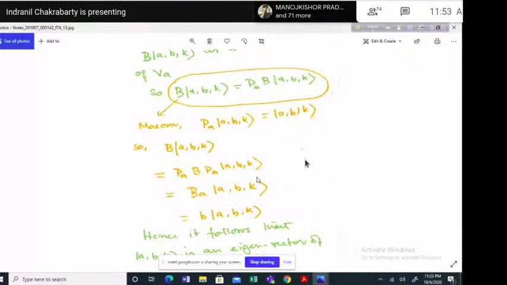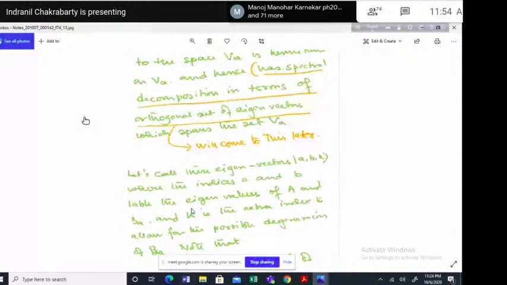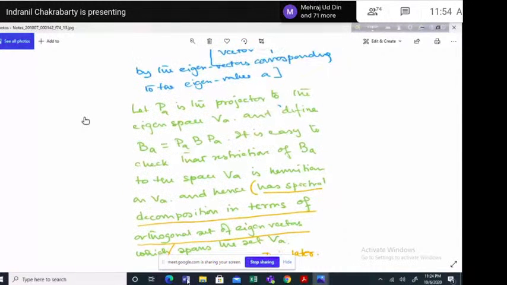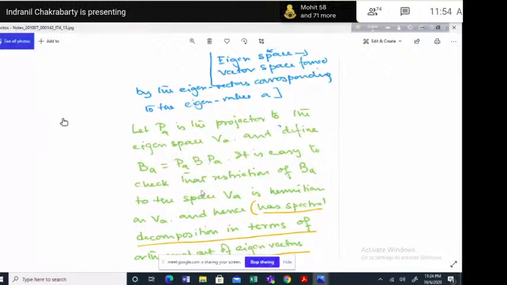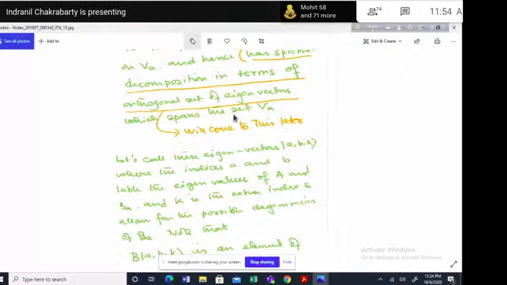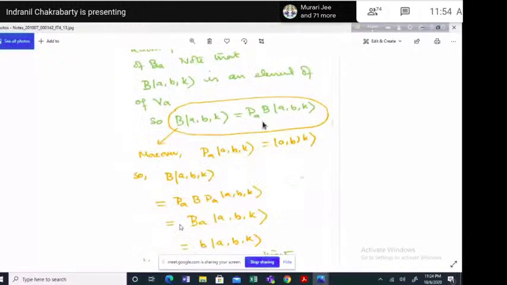BA is nothing but the projection of the operator B onto the eigenspace VA. So what I am saying is that B|a,b,k> can be further written as PA B PA|a,b,k>.